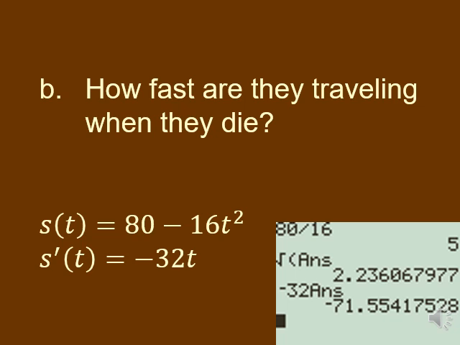So next up, we need to figure out how fast they're traveling when they die, which is presumably when they hit the ground. So what I did here was to just take my previous answer and plug it into the derivative. So I take negative 32t, so negative 32 times that 2.24 that we just found, and you end up with about negative 71.5 feet per second.